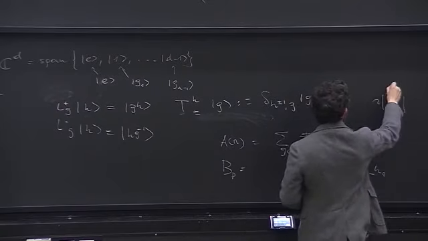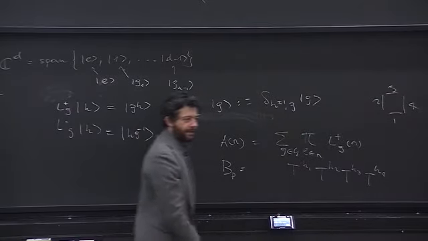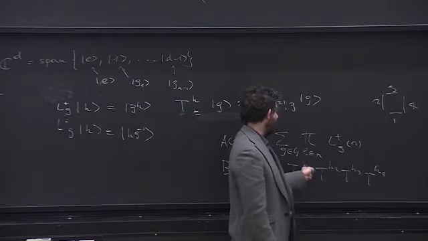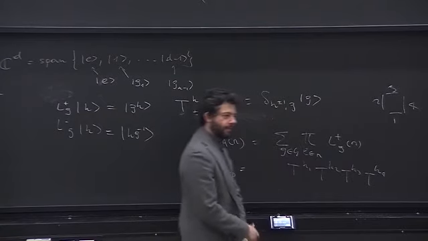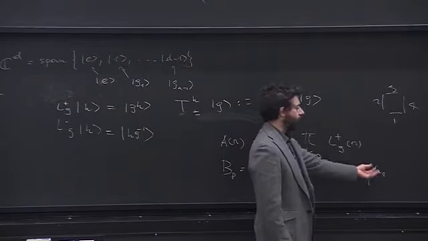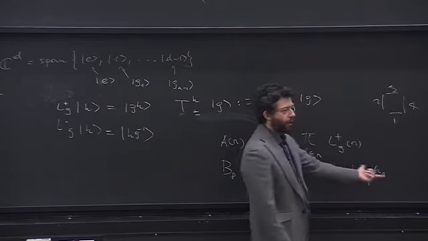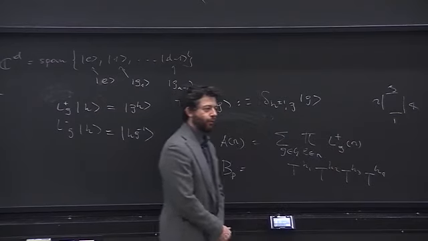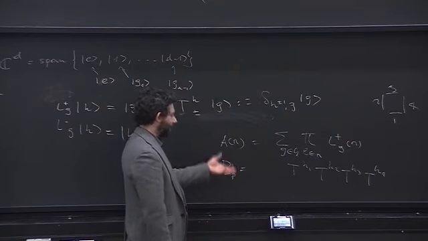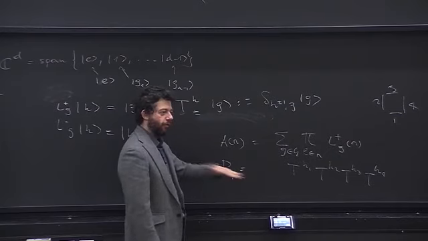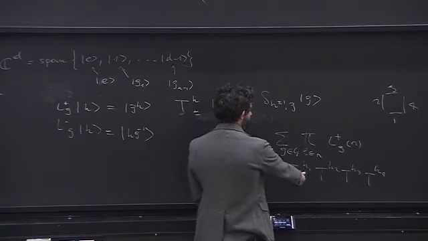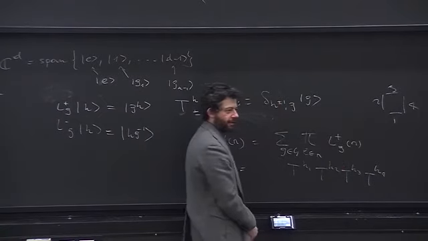This is 1, 2, 3, 4, with some group elements H1, H2, H3, H4. Okay? But I want H1, H2, H3, H4 to be such that their product is the identity, because I want to have that as a reference point, that we have no flux. So I have the constraint H1, H2, H3, H4 equal to the identity.